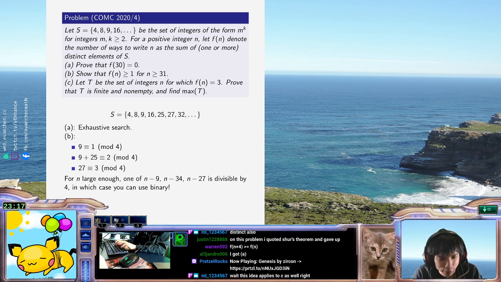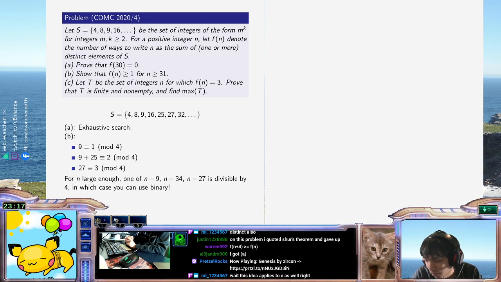This idea applies to C as well. It does indeed look like it applies to C, because once you have enough numbers, you can just do garbage like this, right? So I'm gonna look at S minus the powers of 2.